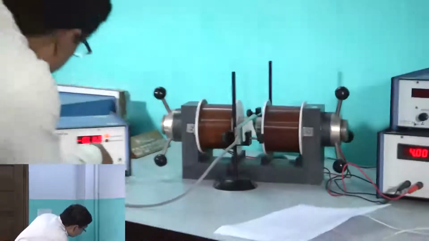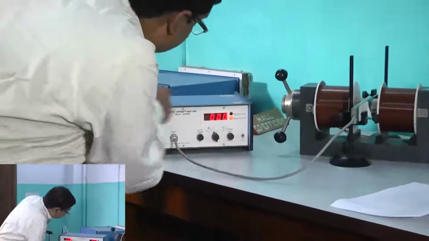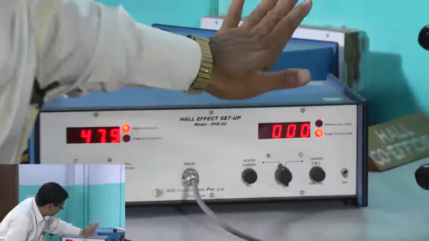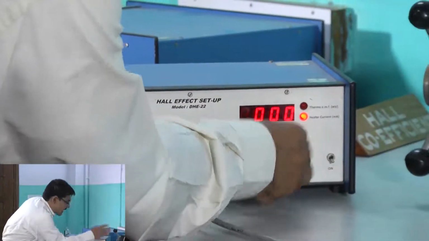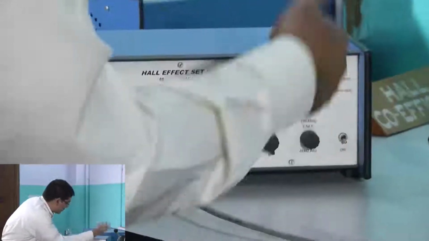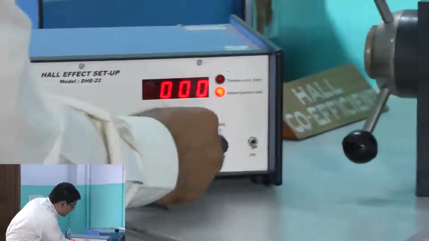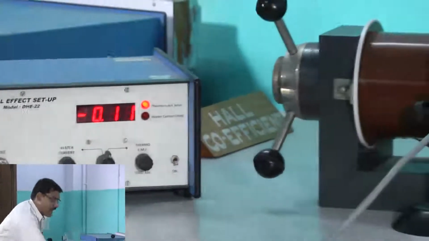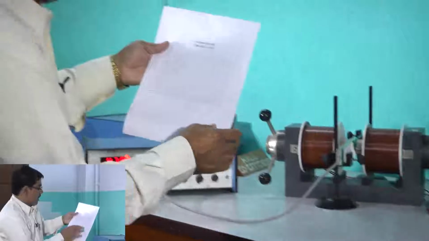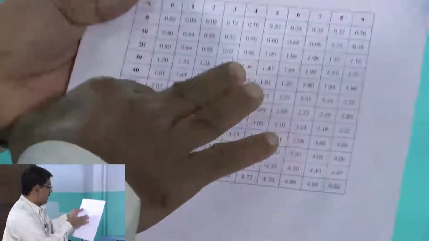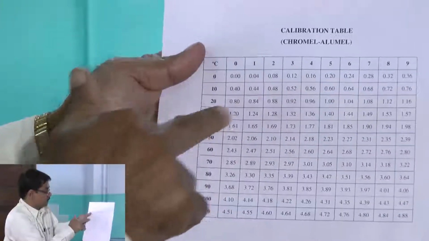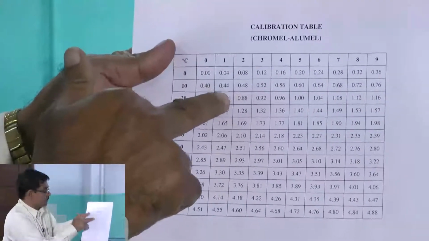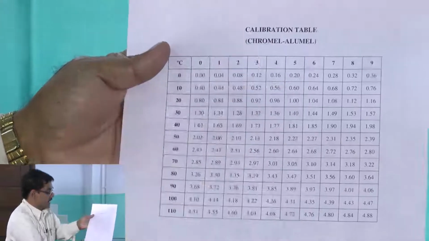Hopefully the heater current is 0, which means I have not applied any heat, so it is at room temperature. The thermo EMF I have to set at 0.92 here: 20, 21, 22, 23, 0.92.